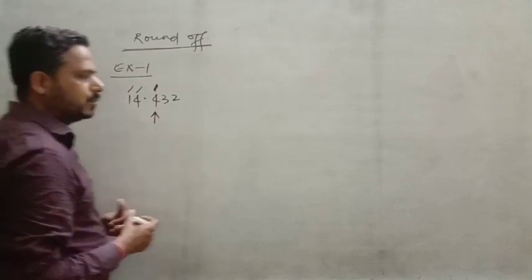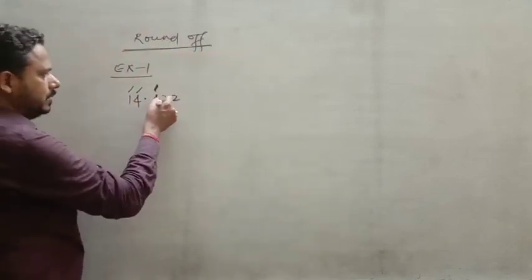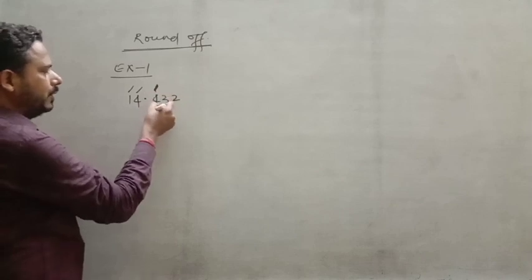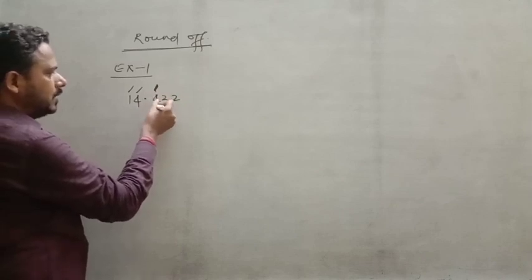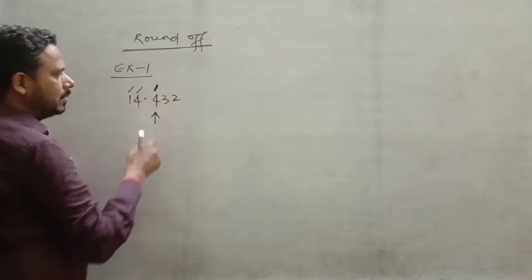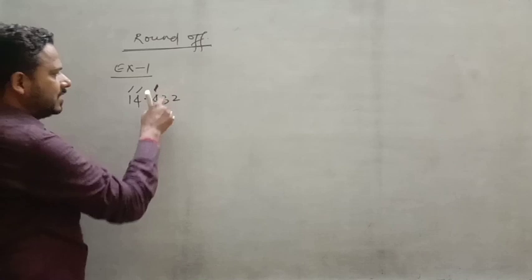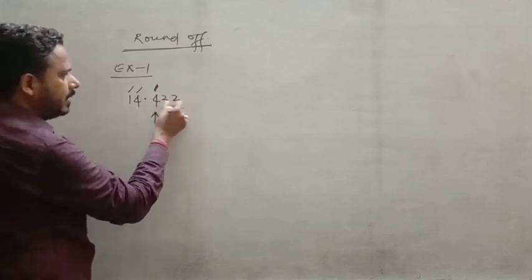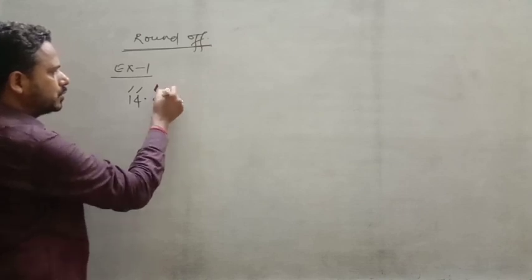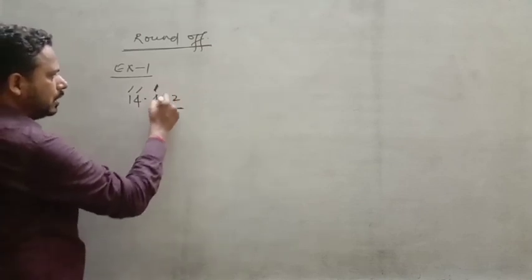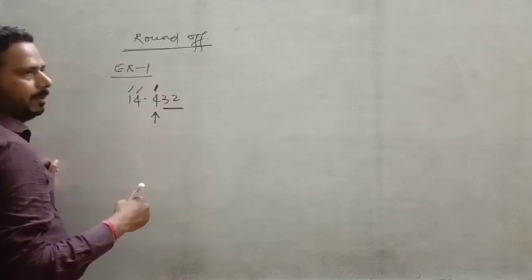Then according to the rule, the third number where you have to round off is either even or odd, but the next coming number is less than 5. Here you are seeing that the next coming numbers are 3 and 2, so 3 is less than 5, then there is no effect on the rounding off number.